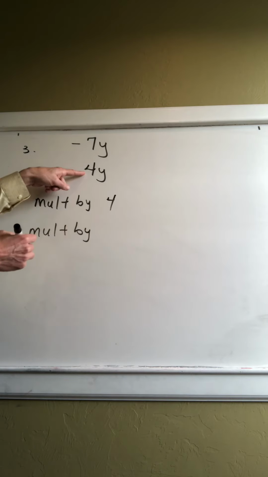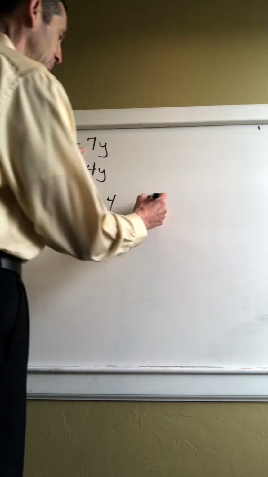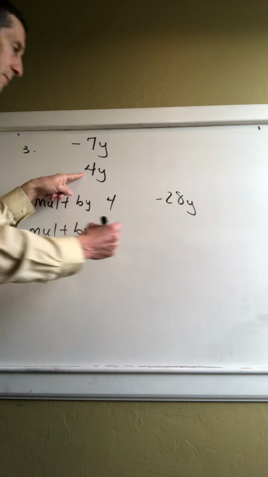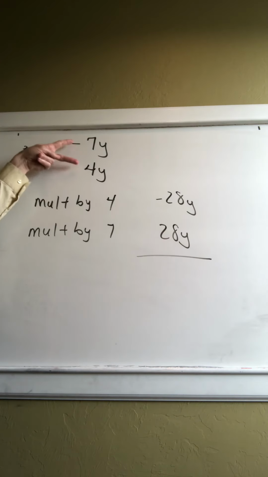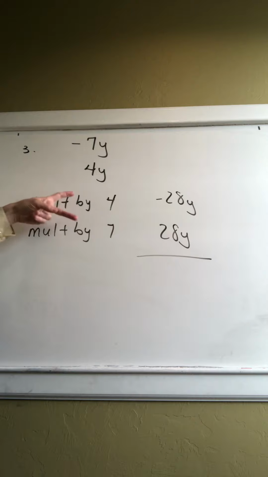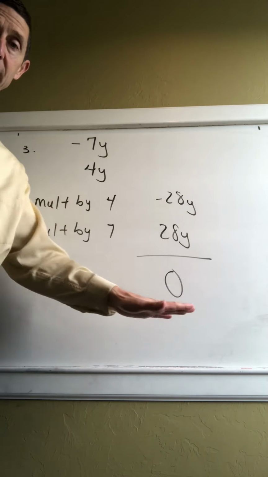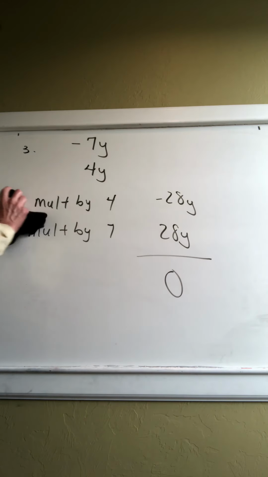We can take the bottom equation and multiply it by 7. So 7 times 4 becomes negative 28y, and 7 times 4 becomes positive 28y. You had two of them that would not eliminate. You did a double move, and now negative 28 and positive 28 knock each other out. That's what you're trying to accomplish today.